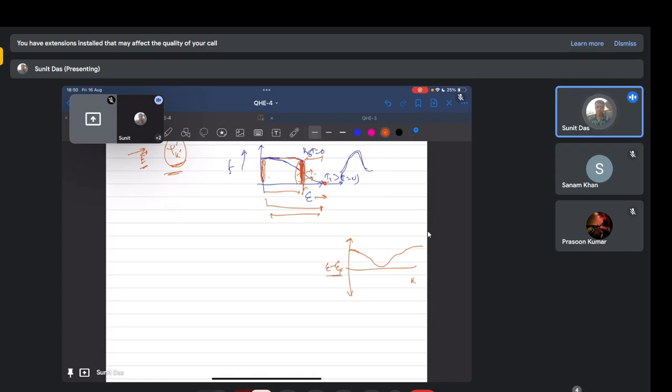So E minus EF will look something like this. This we call the low energy range, around the EF, where E minus EF is plotted, and these are the higher energies, right? This range represents the deep down of the Fermi sea. Okay, I hope this is clear.